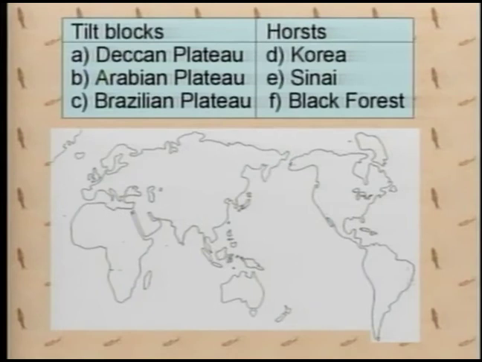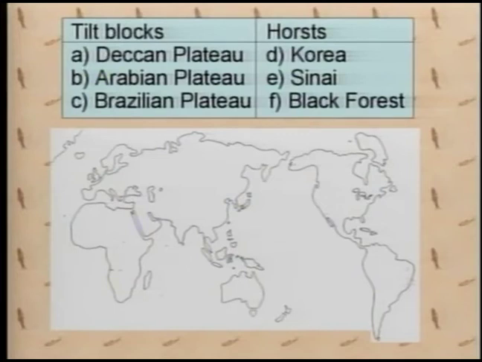And the tilt blocks, you will find those on the handout which I have given you. I would like you to find out and plot accurately on your blank world map where the Deccan Plateau is. That is an example of a tilt block. The Arabian Plateau and the Brazilian Plateau.